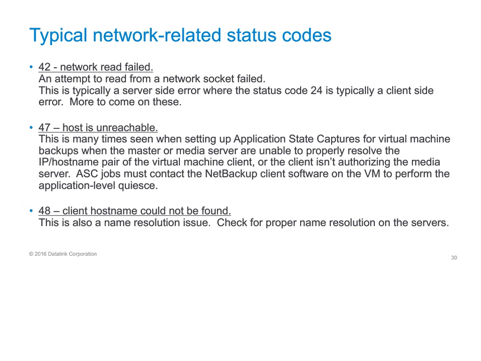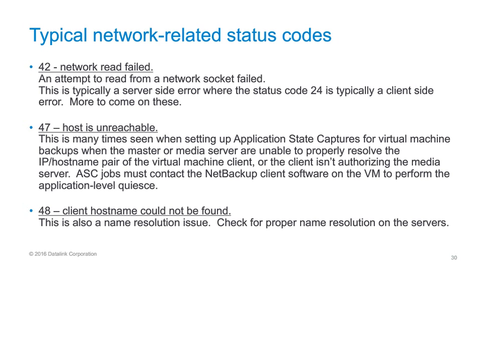Status code 42 is a network read failed. This is very similar to the 24. Sometimes we see this more on the server side when there is a 24 on the client side. And we'll get into that a little bit more again shortly. Status 47 is the host is unreachable.